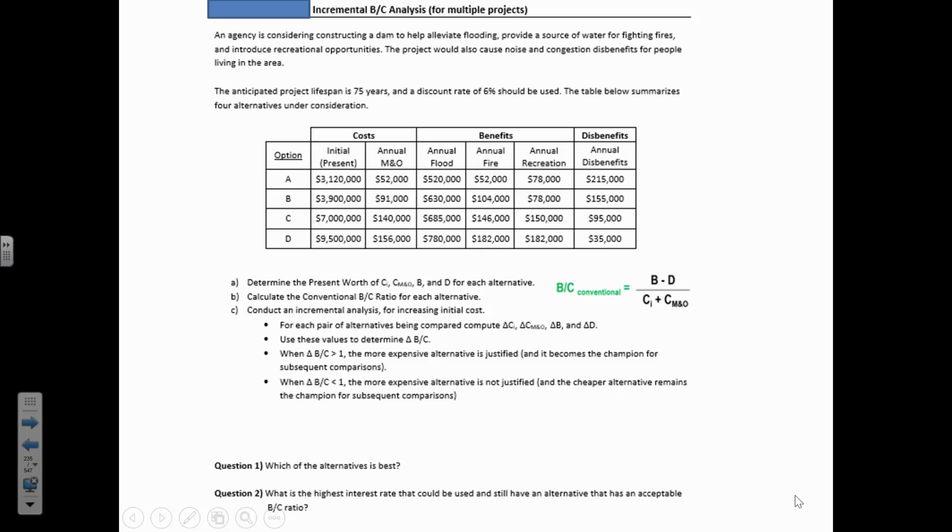These flood control measures, the dam is going to be useful in alleviating flooding and for fire protection, and people can also enjoy recreation on the reservoir that this dam is going to cause. So what you need to do is add together the 3 different categories of benefits to find the sum of the benefits.